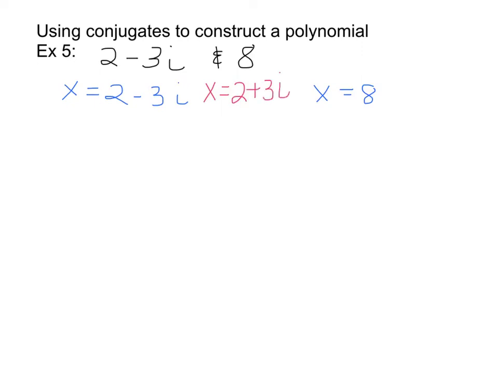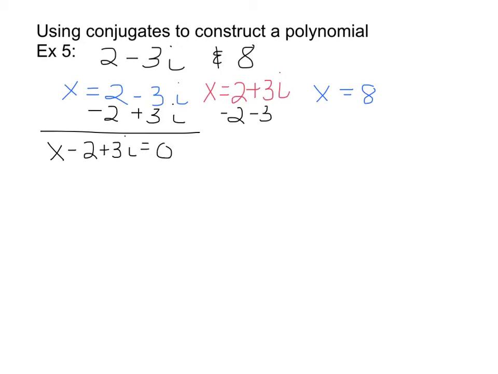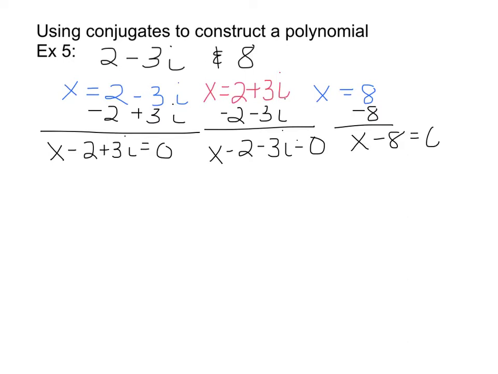So now, so that we can begin to make the polynomial, we need to bring the 2 and the 3i to the other side with my x. So I have x minus 2 plus 3i equals 0. Same thing here. So I get x minus 2 minus 3i equals 0. And then to bring 8 to the other side, you just subtract it and you get x minus 8 equals 0. Okay, now that they all equal 0, we are going to begin the FOILing process.